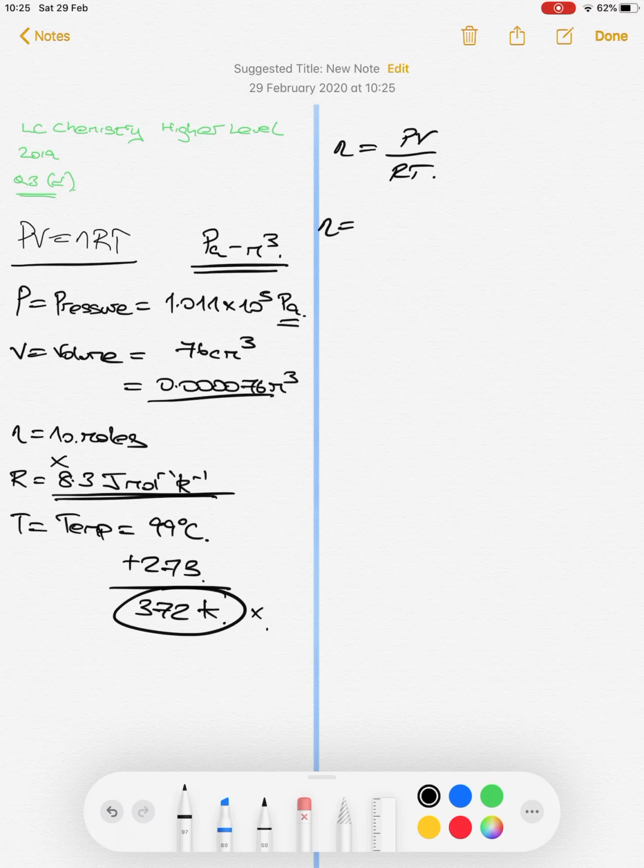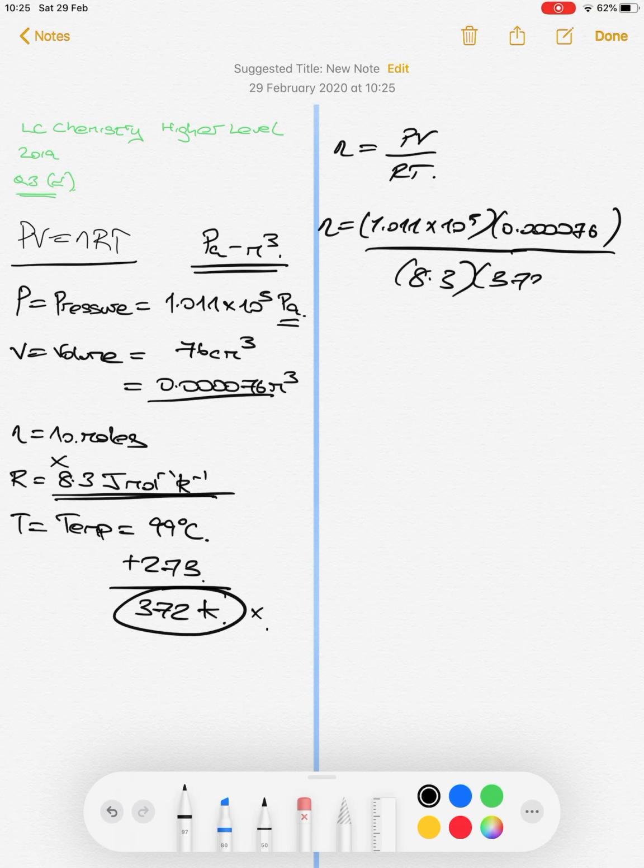So therefore, let's work this out. n is equal to P, 1.011 by 10 to the 5 pascals, multiplied by V. The V value is 0.000076 meters cubed. You can drop the units for this particular part. I'll divide this all by R, which is 8.3, and T, which is 372.